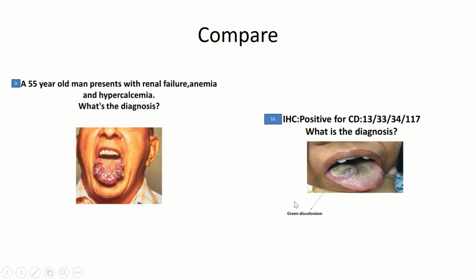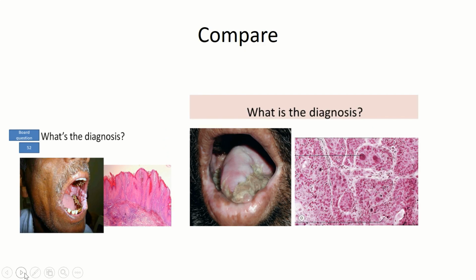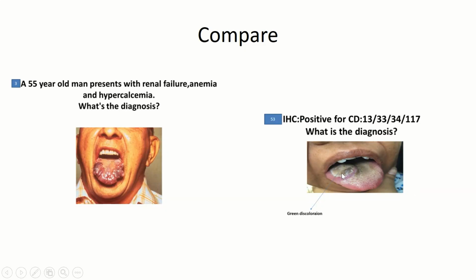And here you see a patient with this infiltration on the tongue with positive IHC for CD13, 33, 34, 117, that is indicative of leukemia.